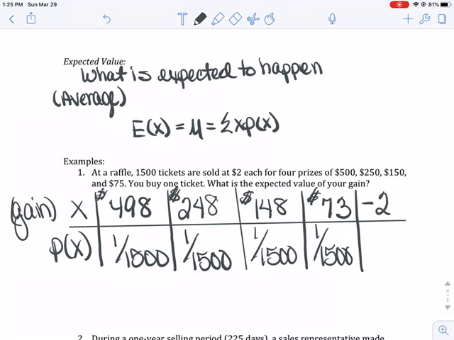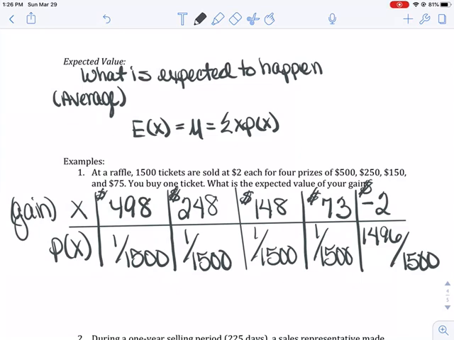But we paid $2 for the ticket, so we're going to lose $2. So -2. And there are 1,496 tickets that are going to lose out of those 1,500 tickets that were available. Okay, so do X times P of X. So 498 times 1 over 1,500, 248 times 1 over 1,500.